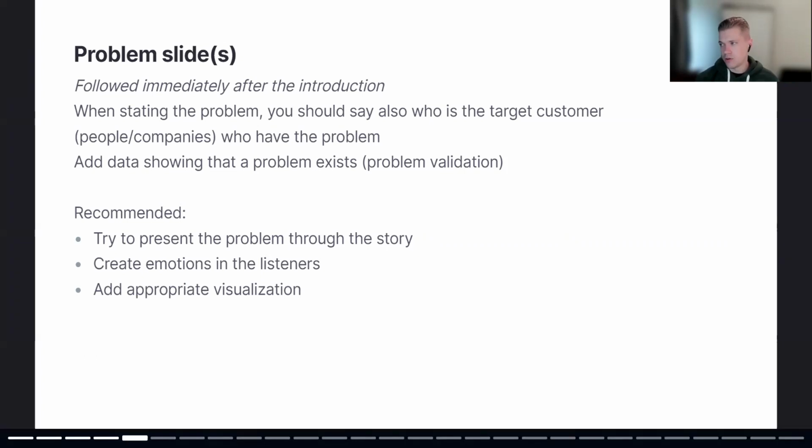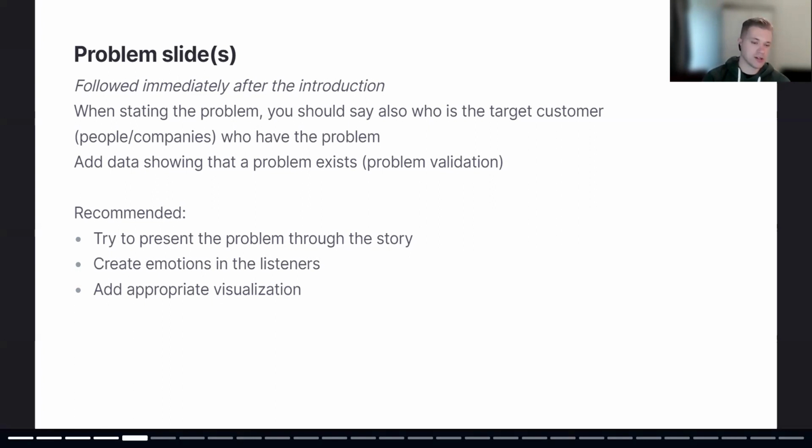I think it's not enough if you just say that this problem is, I don't know, for everyone from age 20 to age 50, but try to be a bit more specific for what kind of people or companies this problem exists.